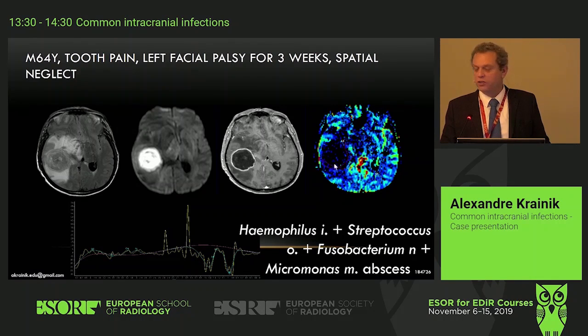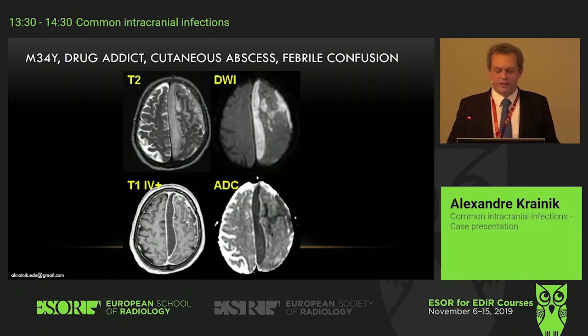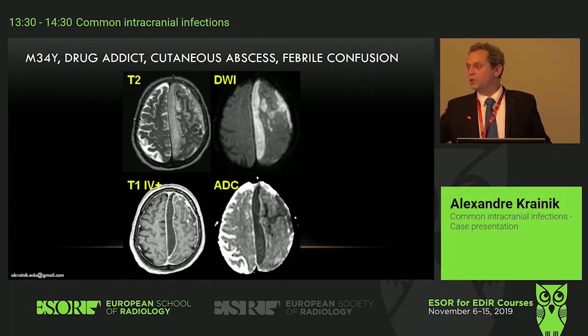Perfusion also, because you don't have any hypervascularization, and spectroscopy provides you different elements that suggest, or demonstrate, that it's not a normal necrosis, it's real pus. Okay? You can keep on that one.